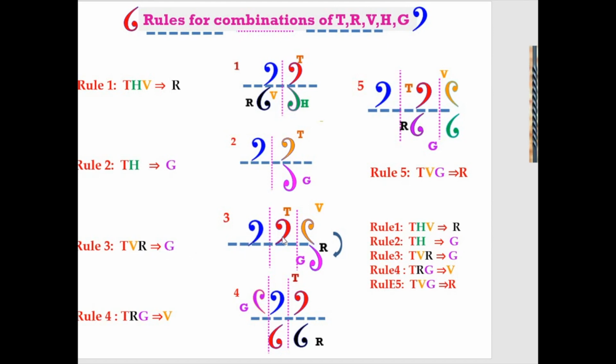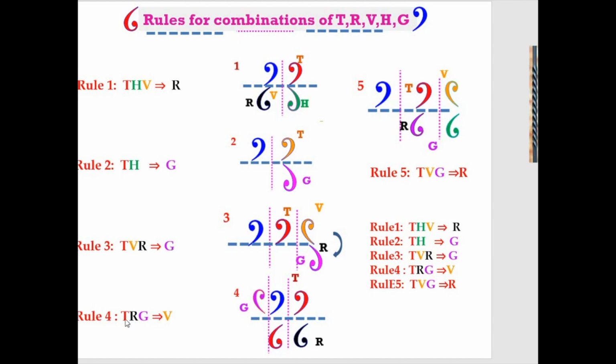Whenever you have translation and then vertical reflection, and then rotate it through 180 degrees, this is what you get. So this is your glide reflection of this pattern. So whenever you have T, V, R, automatically G will be there. That is, translation, vertical reflection, rotation gives you glide reflection.